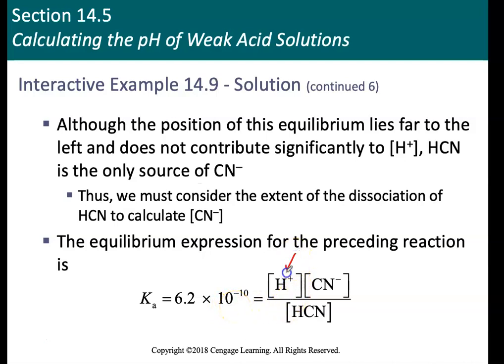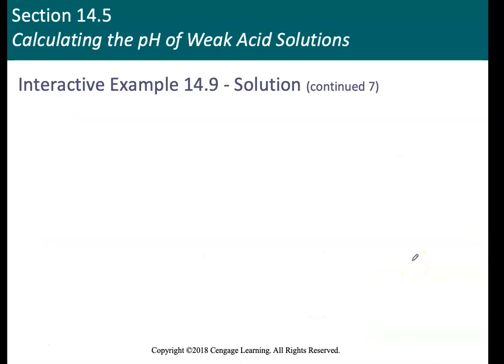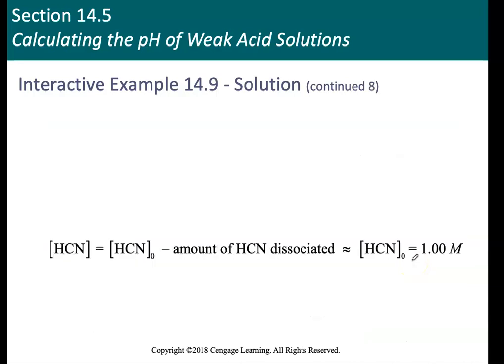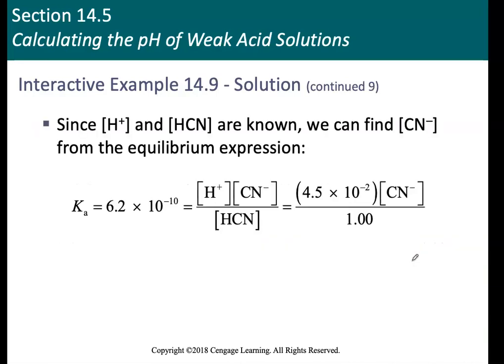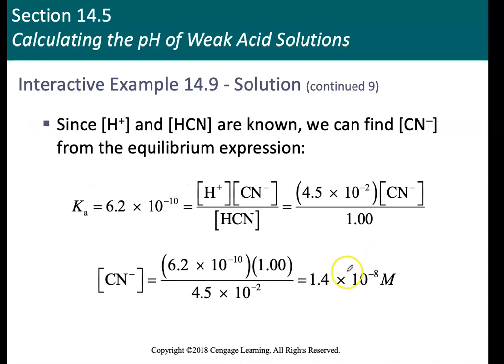This we've just determined from the HNO2. We're going to use it. And this is the concentration that is given, and we're going to use it. So this is the unknown that we are calculating. So now let's substitute in those values. 4.5 times 10 to the minus 2. And then that's the initial. Then you get this value.